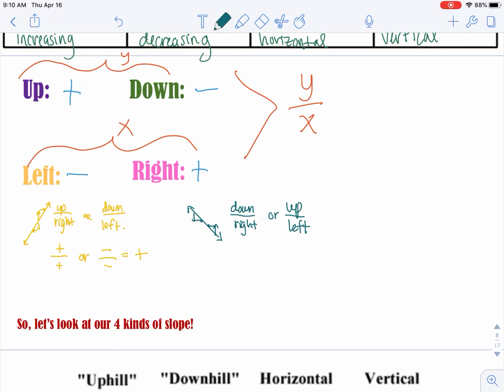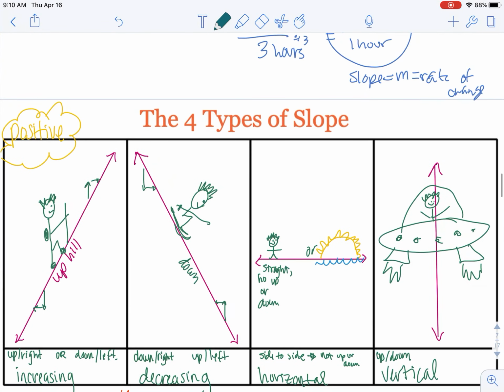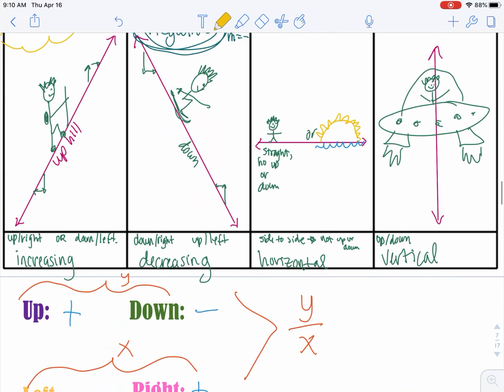So I can see that down is negative, right is positive, or up is positive, left is negative. A negative divided by a positive or a positive divided by a negative is both negative. So we can see that a decreasing slope has a negative slope. Our m is going to be negative. Here, our m is going to be positive, whatever number we find.